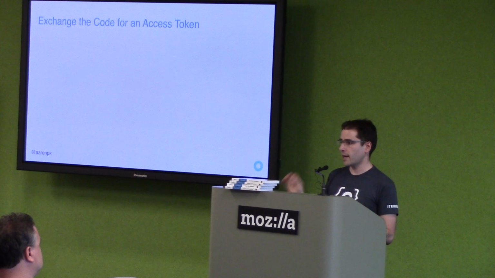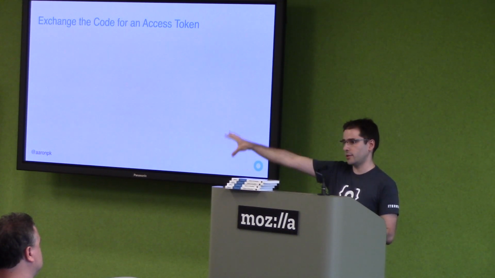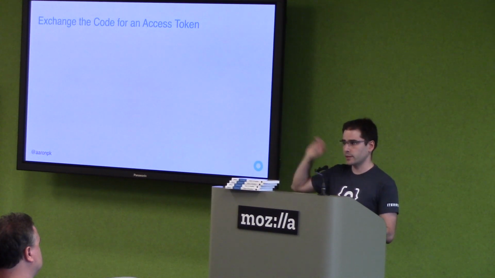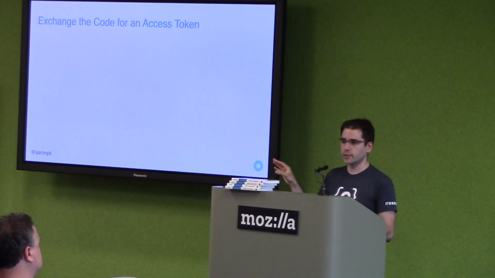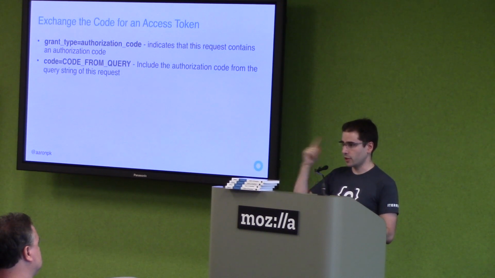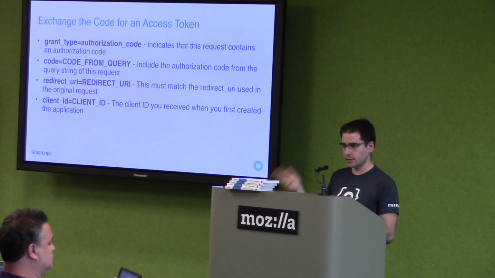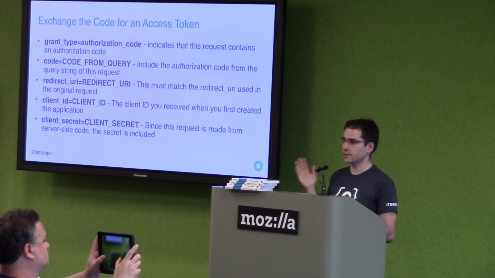So in order to do that, the application, now this is running on the web server, makes a call directly to the authorization server. It's a post request with a bunch of parameters. Grant type is authorization code. It has the code that came from the query string. It includes the redirect URI as well as the client ID, and it also includes the client secret.